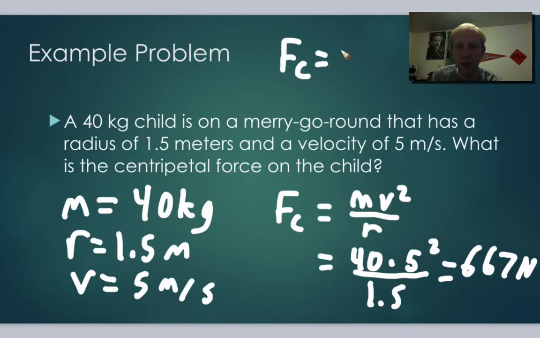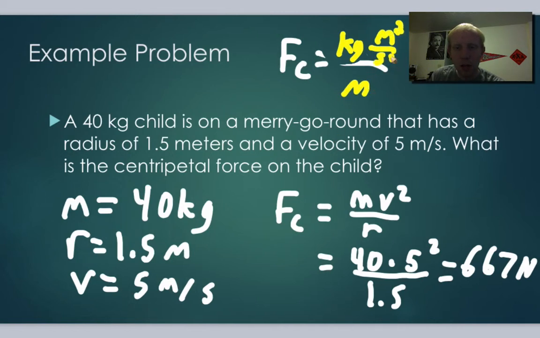force centripetal equals mass times velocity squared over r. If we think about mass, that's going to give us kilograms. Radius is going to give us meters. And then velocity squared is going to give us meters per second squared, so meters squared per second squared.